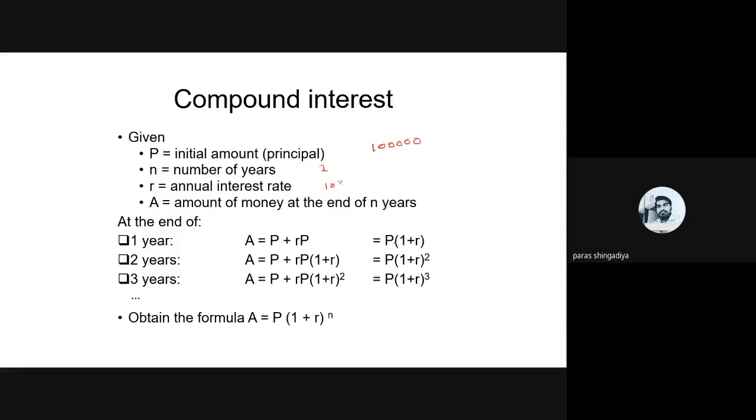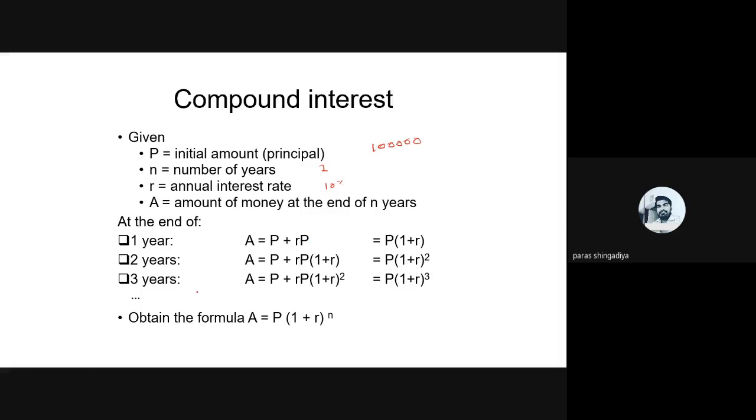For 1 year, the formula works with P(1 + R). A is the final amount at the end, P is the initial amount that you invest, plus PR, that is amount times the interest. That total with the P gives the amount at 1 year, P plus RP.